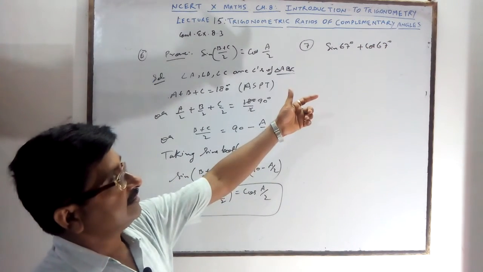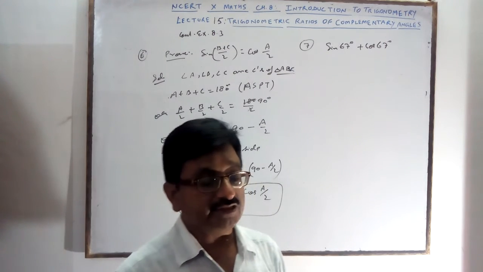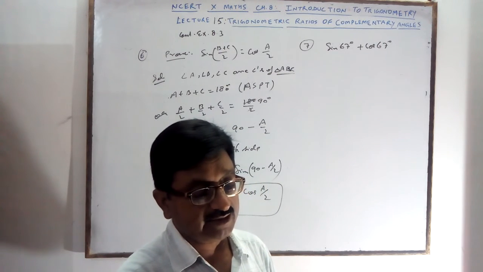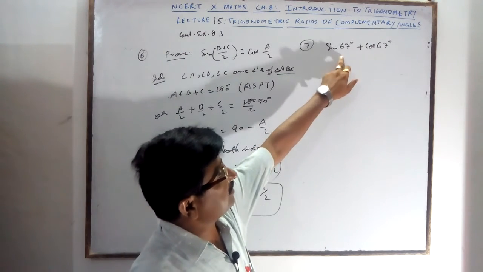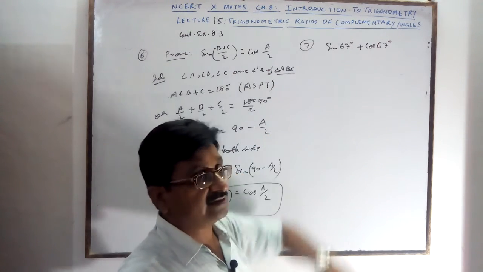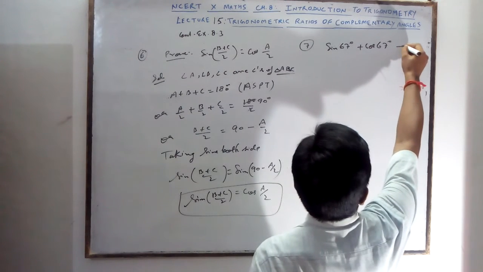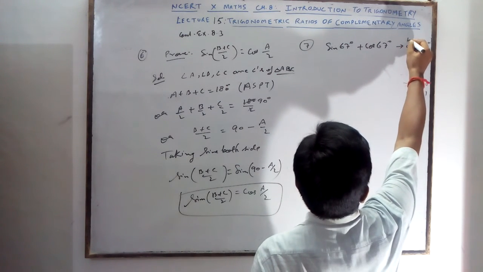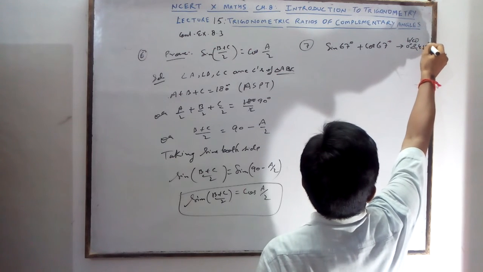Express this in terms of trigonometric ratios of angles between 0 and 45 degrees. The angle here is between 45 and 90. You want to express it between 0 degrees and 45 degrees.